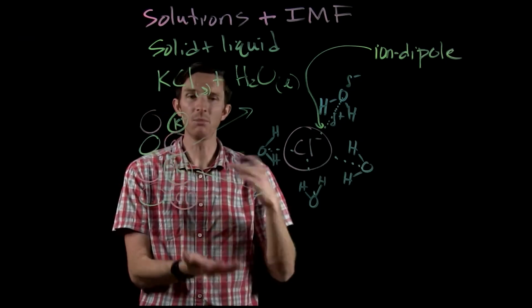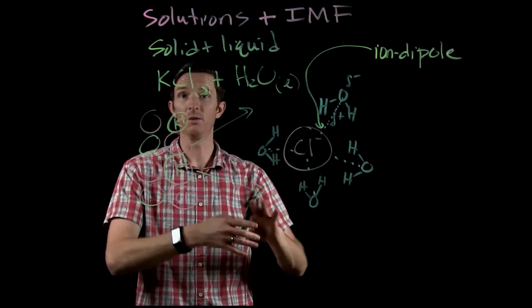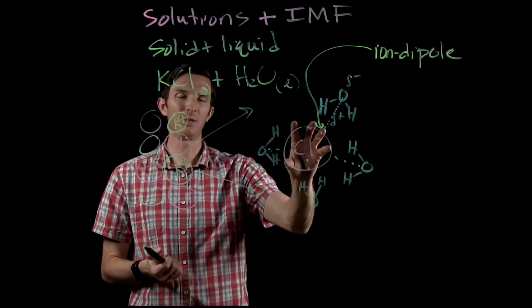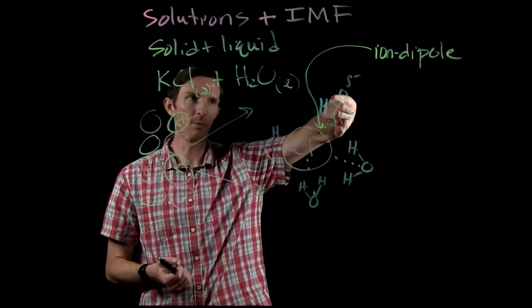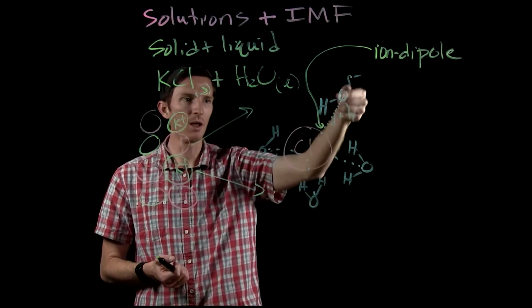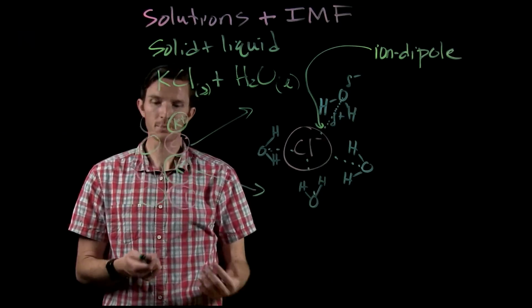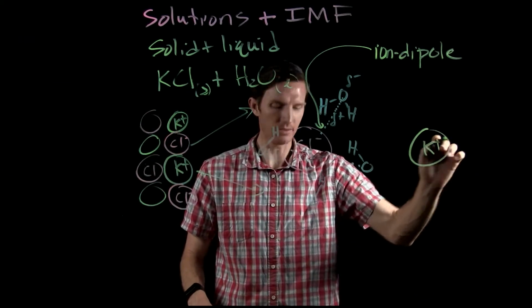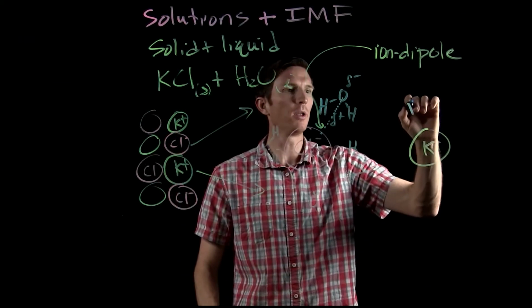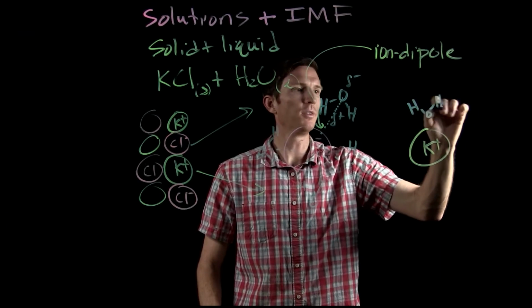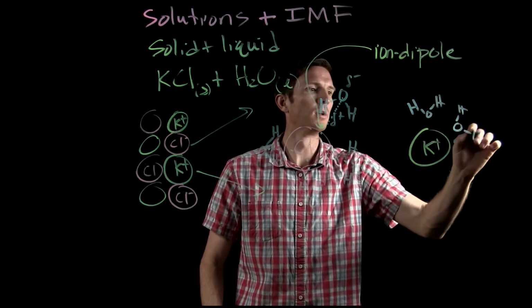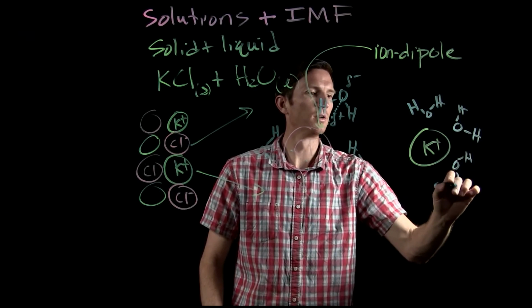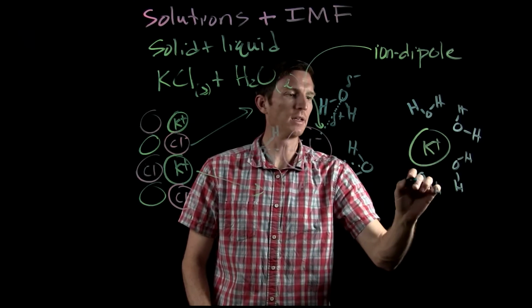And we'd see something similar for our potassium ion. It would just be opposite, right? If the potassium ion was here, this water molecule would be flipped around, and the oxygen side would be facing into our potassium ion, right? So it would look like this, surrounded by our water molecules, with the oxygen side facing our potassium ion.